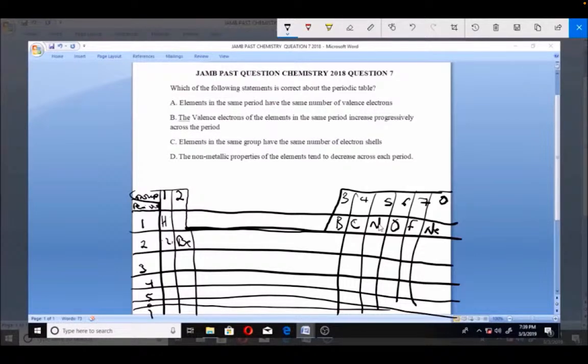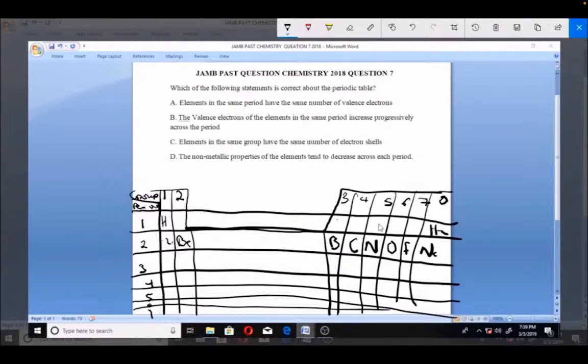Sorry, this is actually supposed to be in period 2. So they're supposed to have boron, carbon, nitrogen, oxygen, fluorine, and neon. But we're supposed to also have helium here.